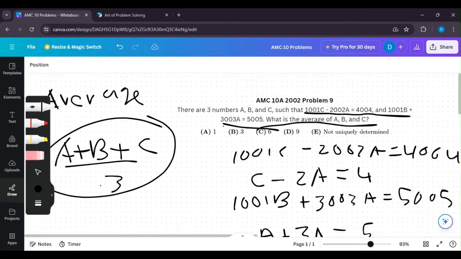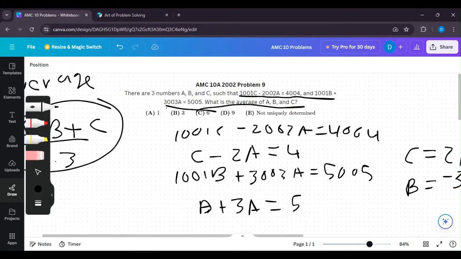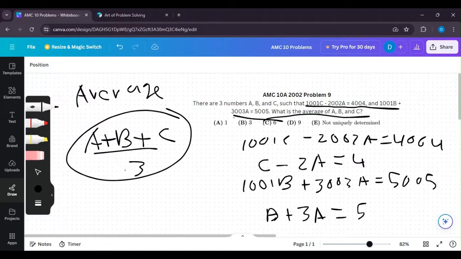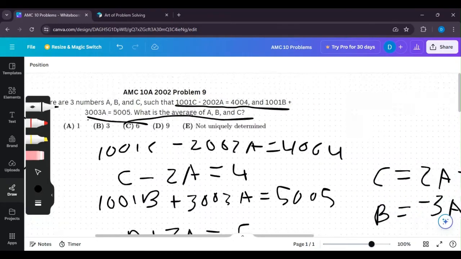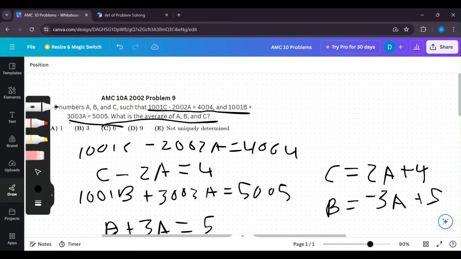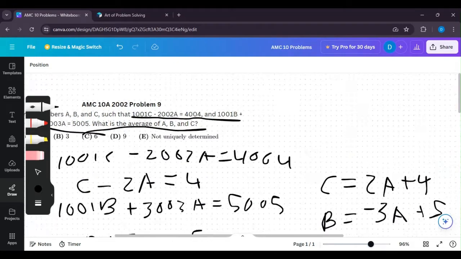And if we have b and c written as a form of a, it'll make our lives much simpler to find the average. Then we don't have to worry about multiple variables. We can just worry about one variable. And as you see in the future, it will actually help a lot.